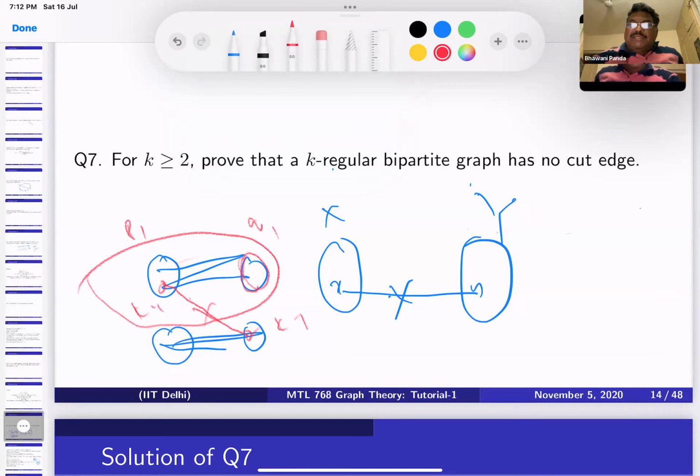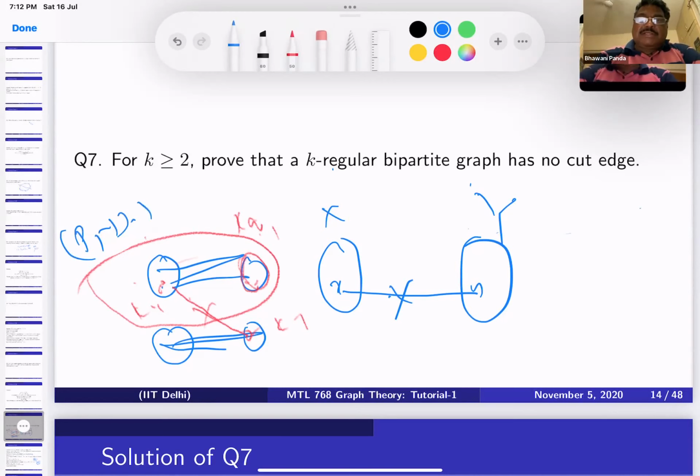The total number of edges going from here to here is K into Q1, and this side has P1 minus 1 vertices of degree K, and one vertex of degree K minus 1.